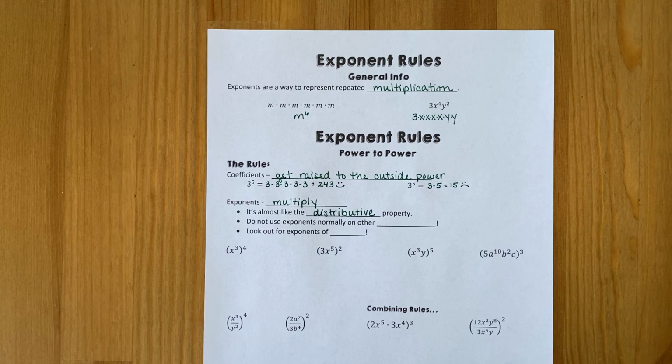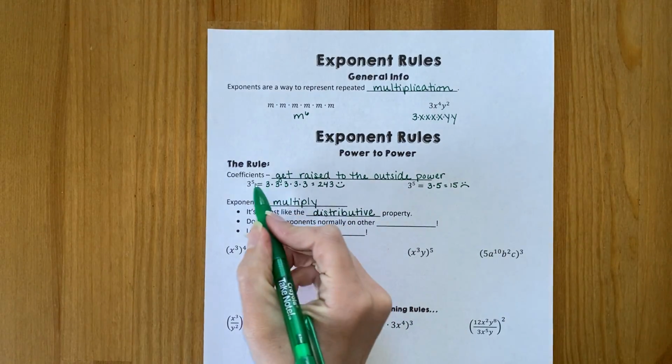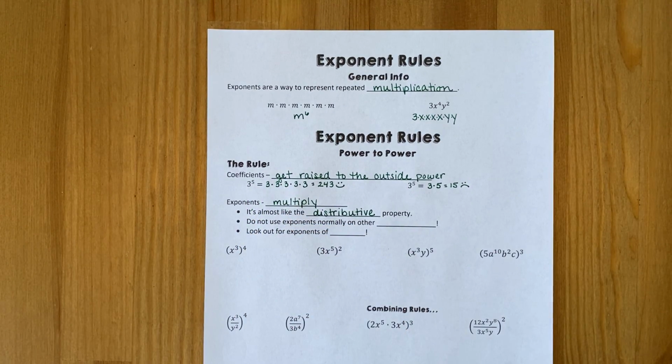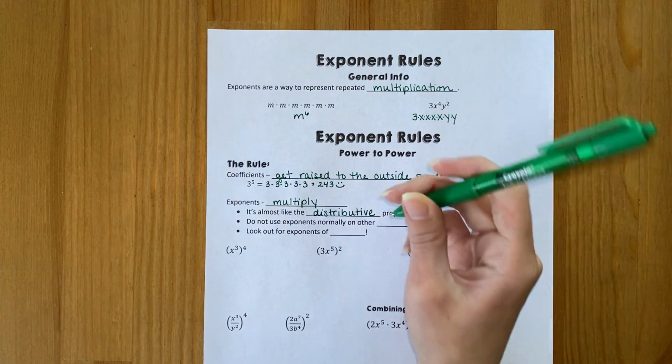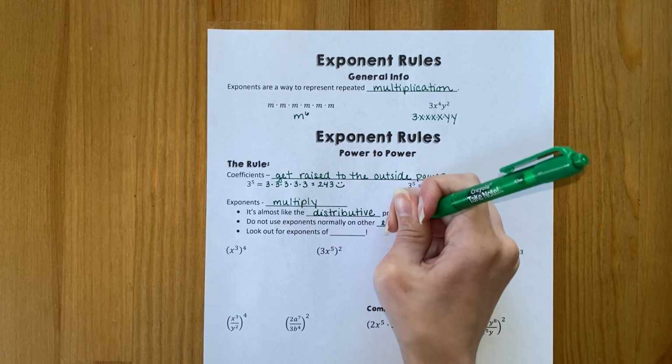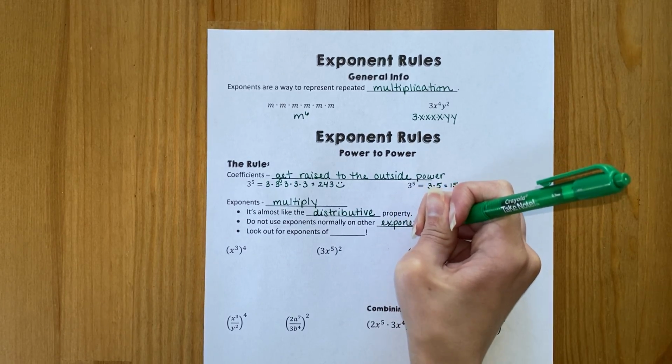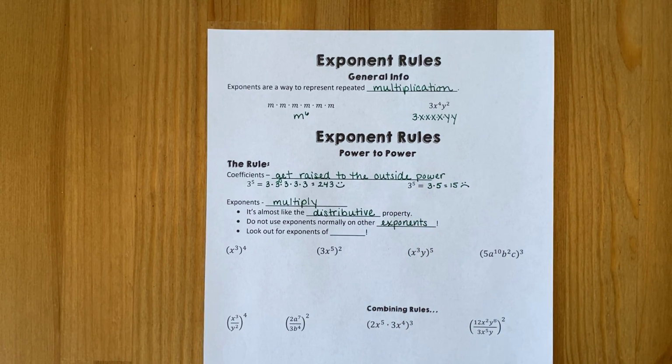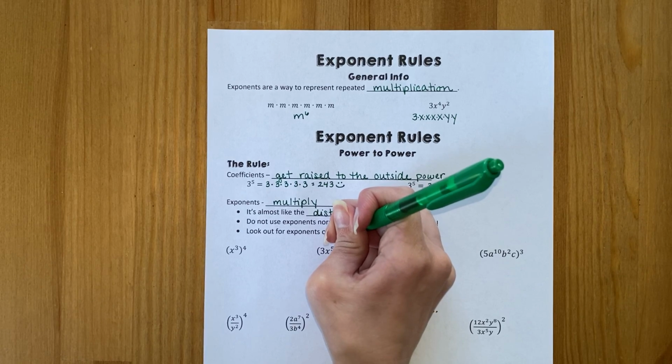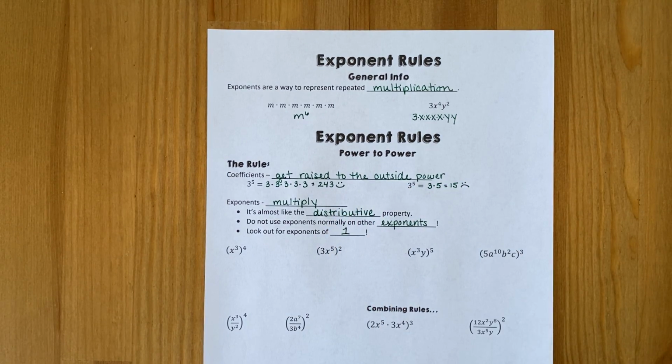Also, another common thing is that if people get this part right, then they start taking everything to an exponent. So don't use exponents the way that you normally would on other exponents. Exponents can't square other exponents or cube or anything else like that. Again, exponents of 1 might cause a little bit of trouble just because we forget that they're there and thus forget to use them.